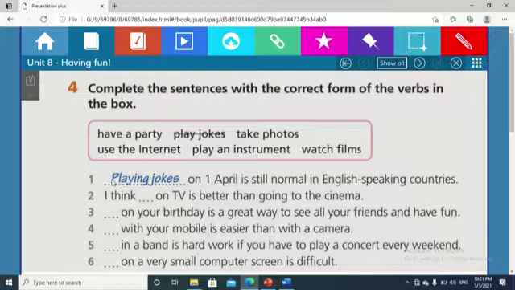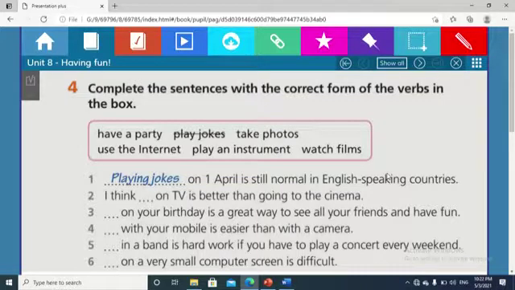When I tell you, please do something, do this, open the window, for example, it means you open the window, please. So now, playing jokes, instead of play jokes, playing jokes on 1st April is still normal in English-speaking countries.